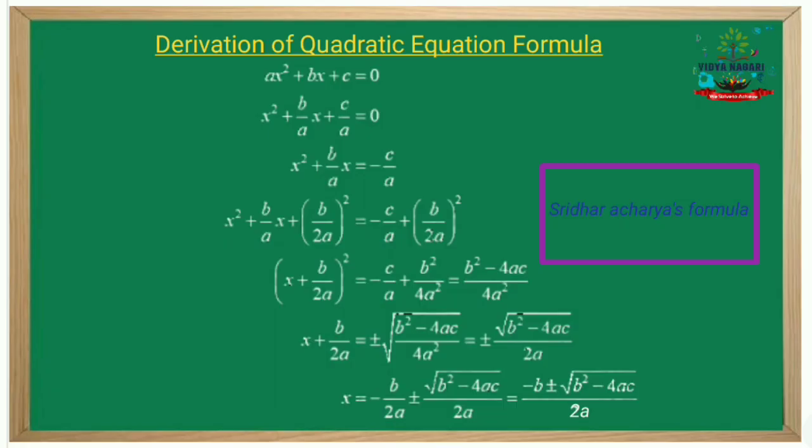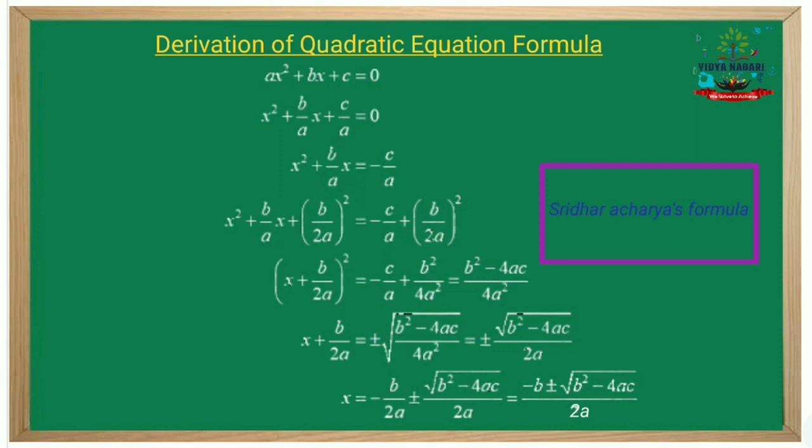The derivation of the quadratic formula: the equation is ax square plus bx plus c equals to 0. Now, dividing by a on both sides, x square plus b by a x plus c by a equals to 0.